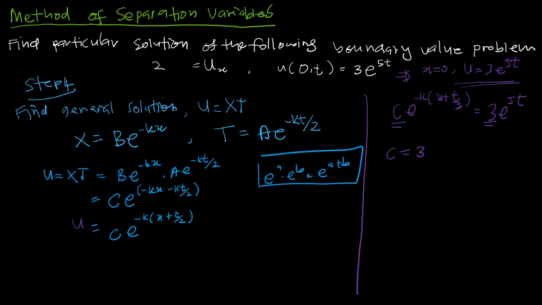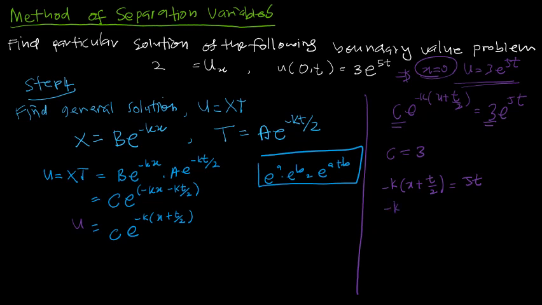Next, we are comparing in terms of the exponential coefficient here. So we have -k(x + t/2) equal to 5t. In this condition, we have x equal to 0. When we want to compare, we have to make sure that both equations satisfy the same condition, so we have x equal to 0. So for the previous equation, -k(x + t/2), we must also make sure that x is equal to 0.